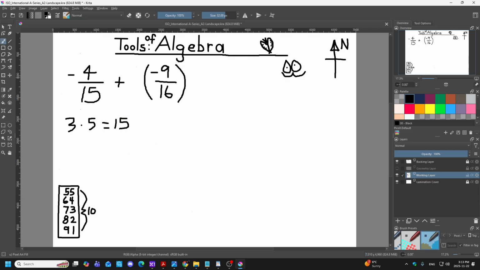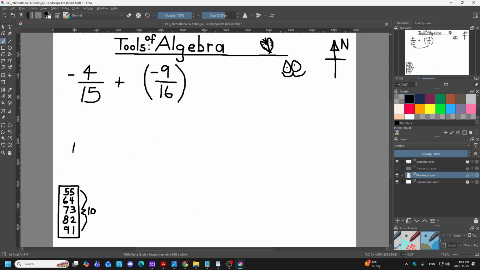Let's do this. Just trying to think of what numbers go with that, right? I'm trying to avoid just straight multiplying this. I mean, I can. There's nothing that says I can't. We just got to be aware that we're going to have to reduce, right?